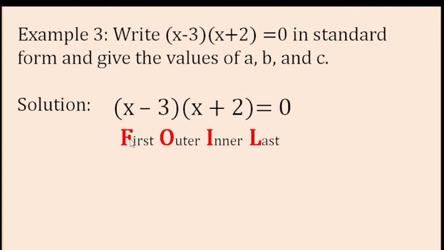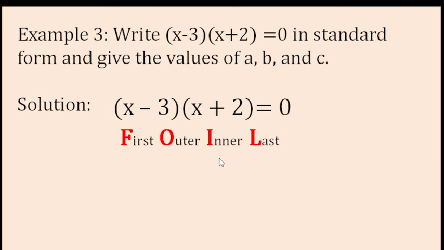So this means we are going to do multiplication 4 times. F means multiply the first terms. Then O, multiply the outer terms. Then I, multiply the inner terms. And then L, multiply the last terms.